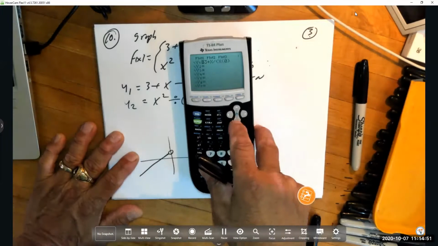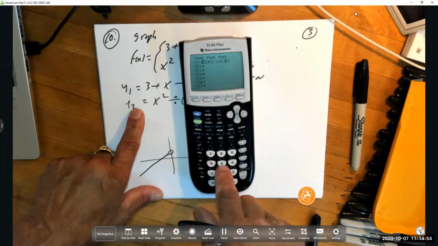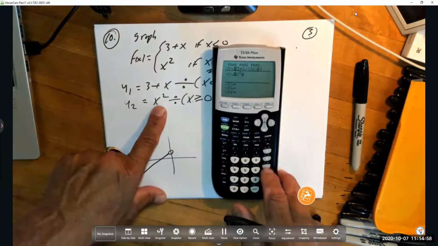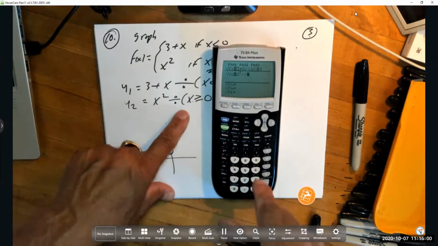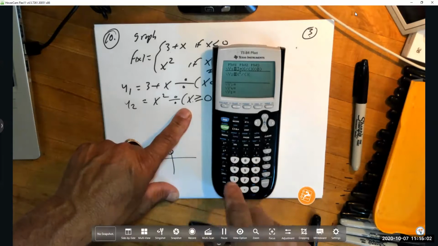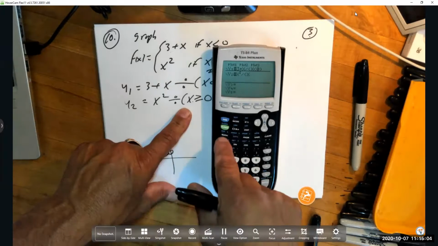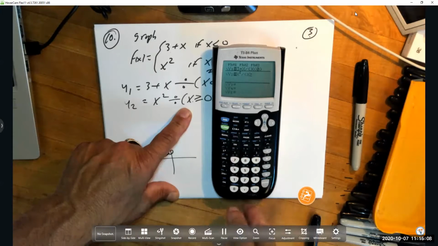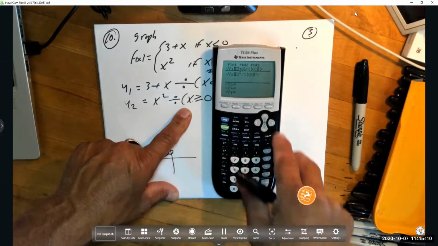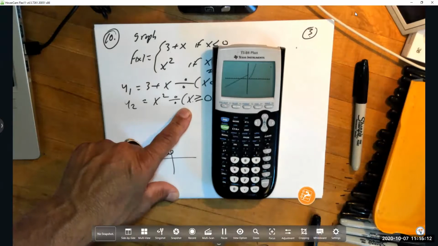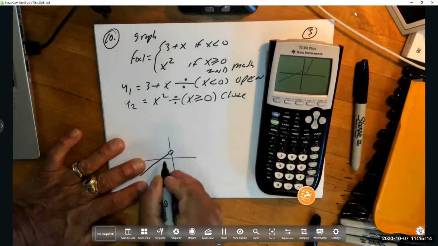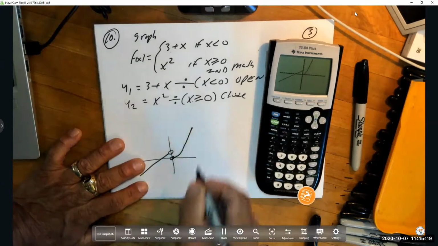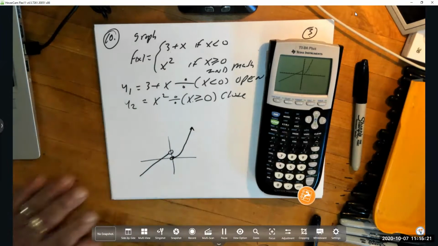So Y2 is x squared, division symbol, parentheses, x, second math, greater than or equal to is number 4. 0. Close it. And then hit graph. All right, let me show you what that looks like. It's right here on my graph, and it goes this way. Something like that. You'll get something like that?